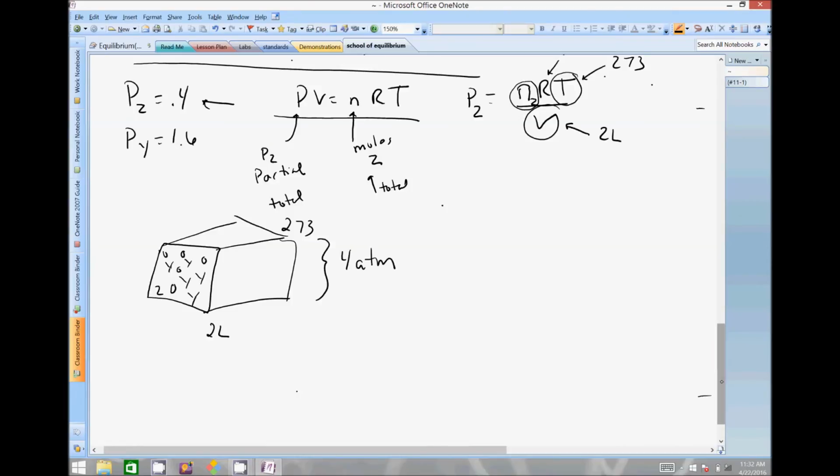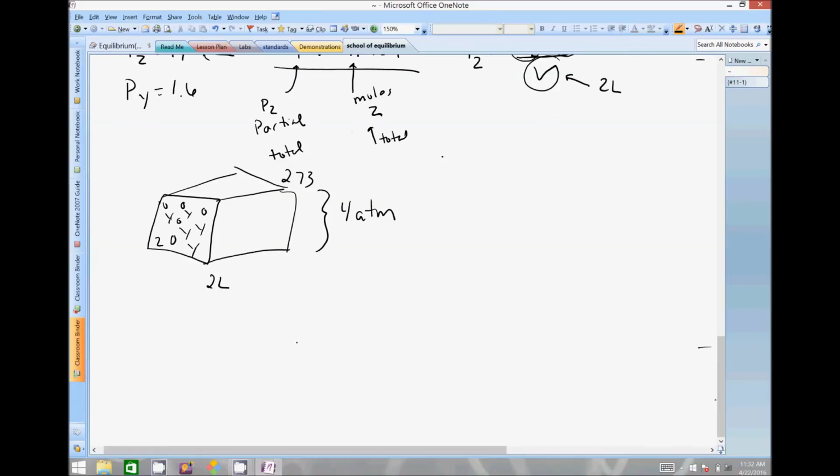Okay. All right. Now, let's compare that to another container. Now I'm going to take this same box, and I'm going to cut it in half. Now this box, I just have my regular Z and my 4 Ys. Now in this situation, my volume is now 1 liter. Temperature, 273. What's my new pressure?